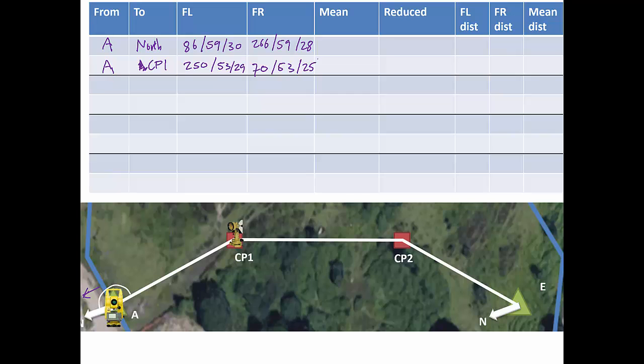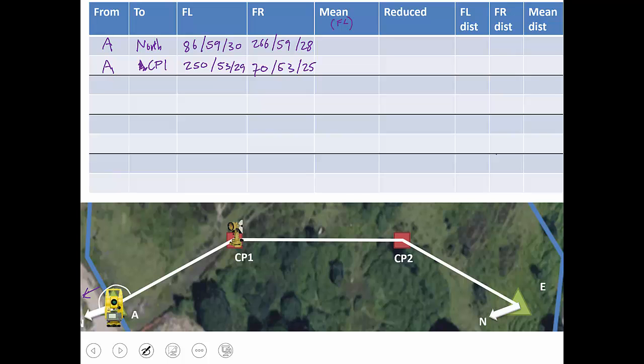Remember, the mean, you want to write it in terms of face left. And with face left and face right readings, they should be 180 degrees out. If you were being perfectly accurate and if your total station was perfectly calibrated, you would expect to get a reading within a couple of seconds. But that means your total station has to be exactly over the point, and exactly level.